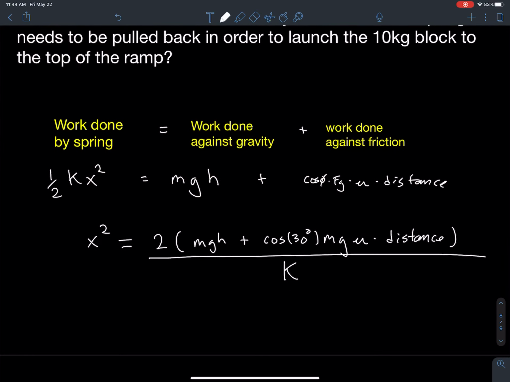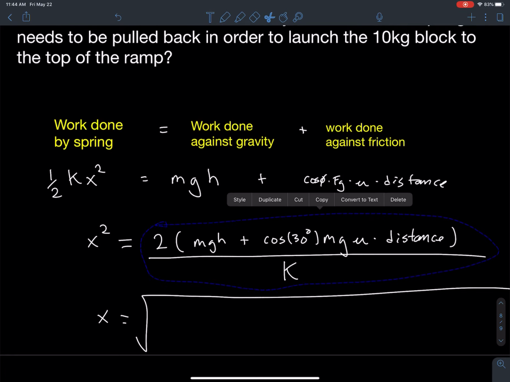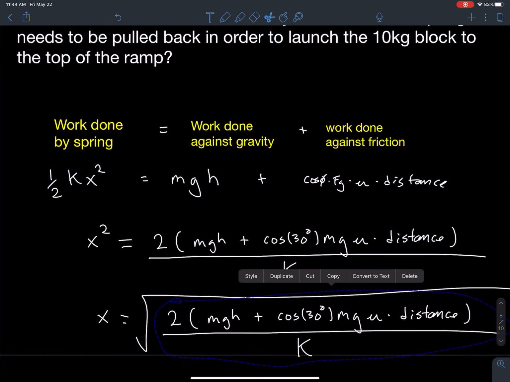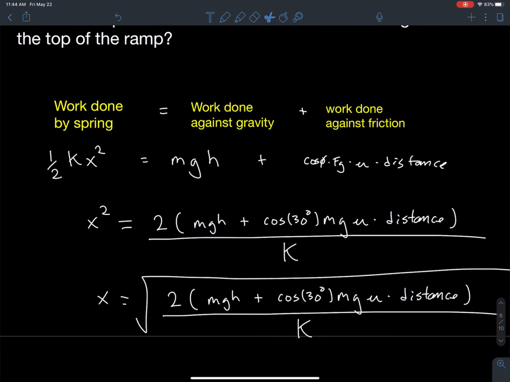And then x, if I did everything right, is going to be the square root of all of this. That made it quicker. So it's the square root of all of that, and then I'd have to plug things in.